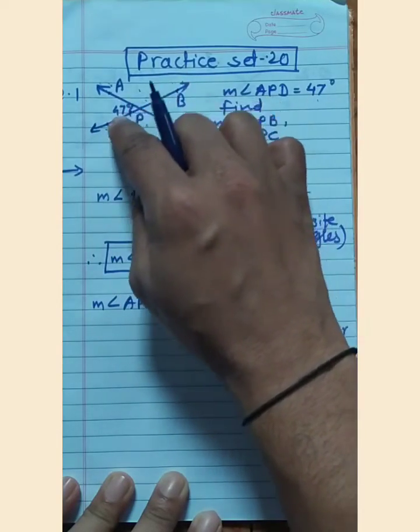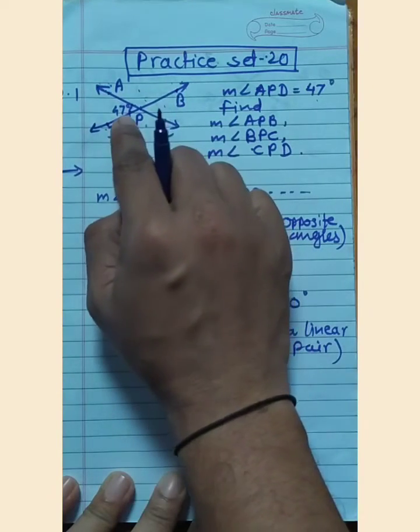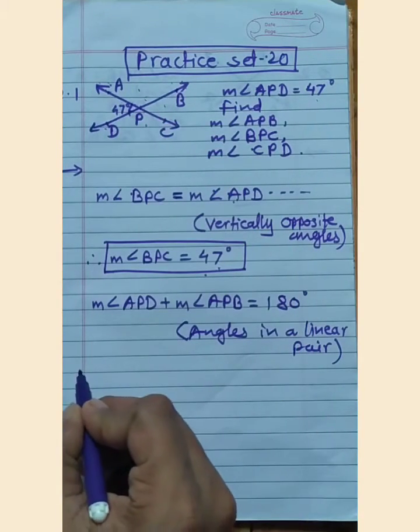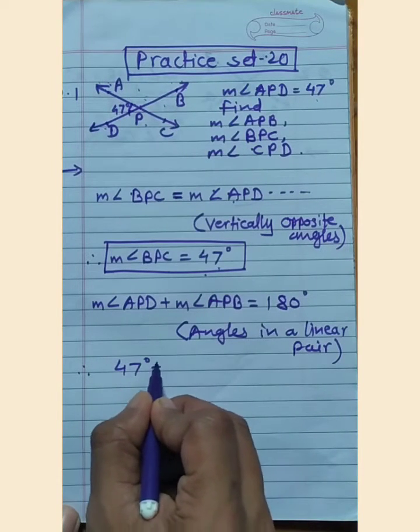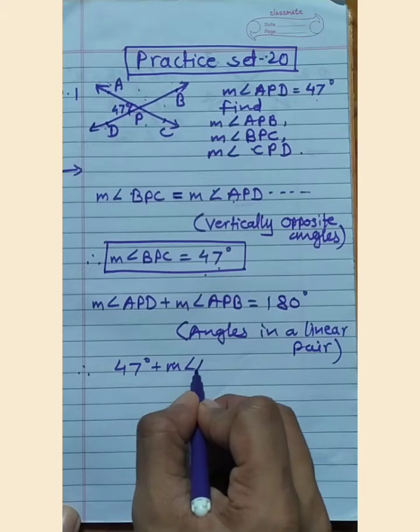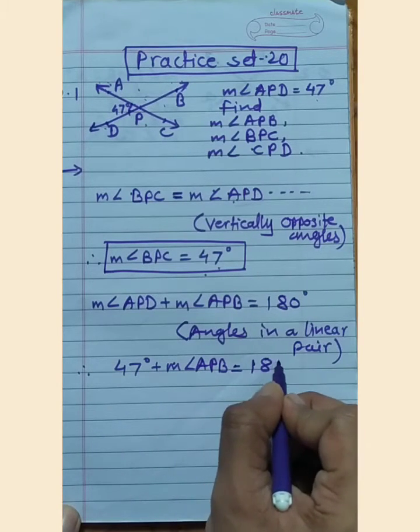So they are called linear pair angles. So we write: measure of angle APD is 47 degrees plus measure of angle APB, which we don't know, is equal to 180 degrees.